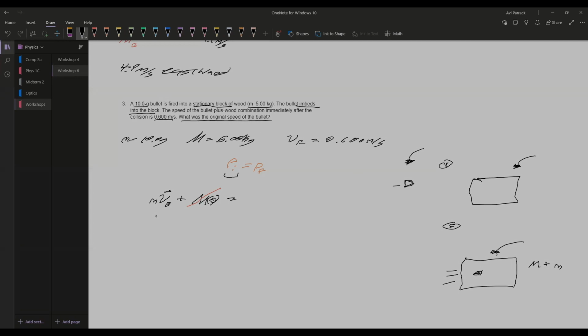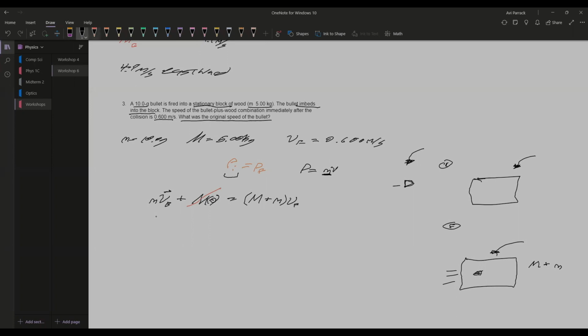So now when we say p equals mv, the mass we're talking about is their combined mass, because that whole mass is moving together as a unit. So this m really becomes M plus m, times v, and this is vf.